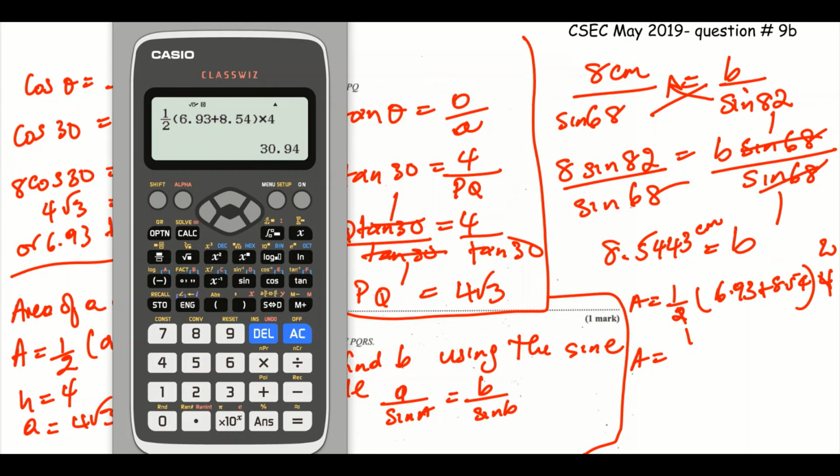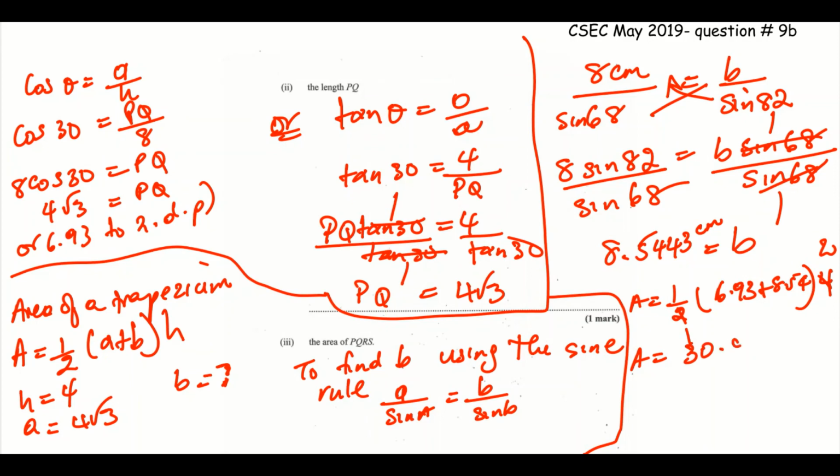So we get 30.94. And because it's area, centimeter squared, and this would be to 2 decimal places.